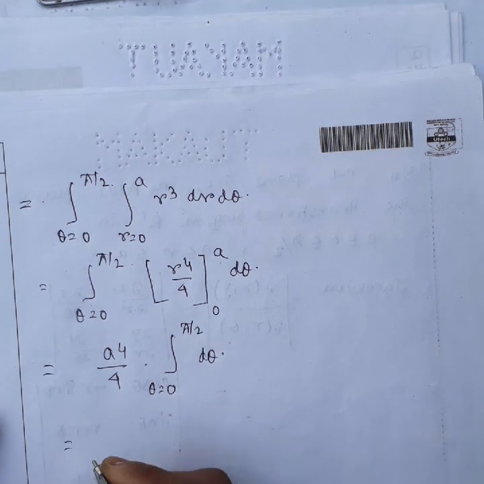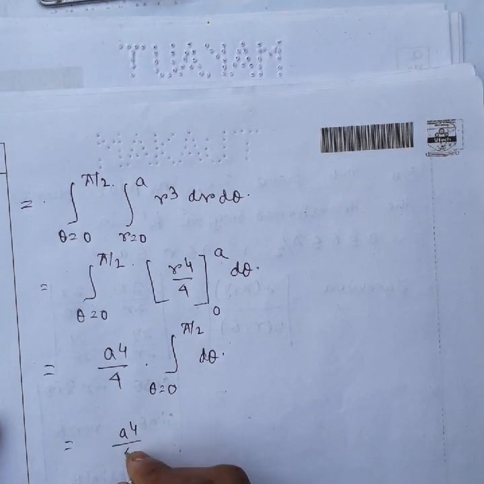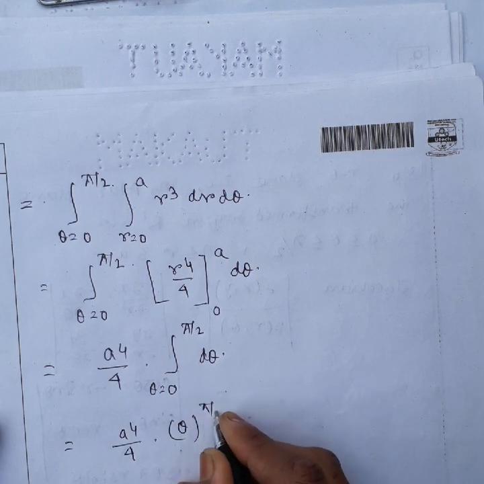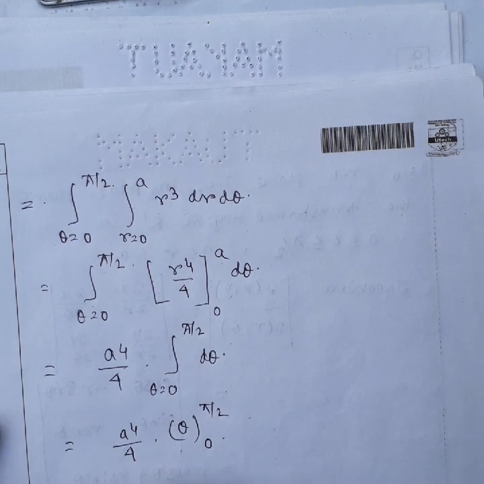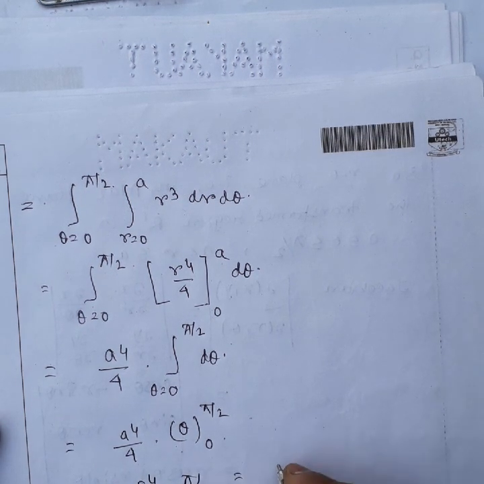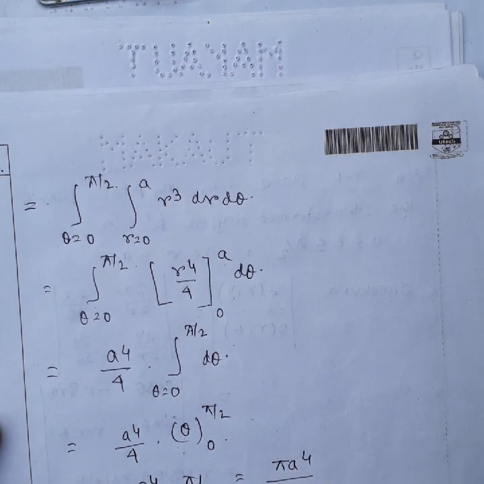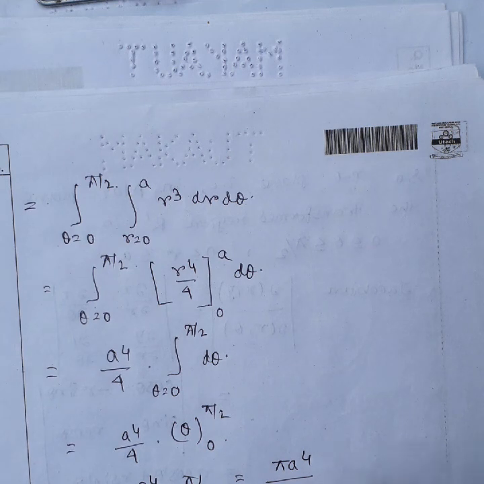That means a to the power 4 by 4, theta from 0 to pi by 2, which is a to the power 4 by 4 into pi by 2, that means pi a to the power 4 by 8. So this is our answer. Okay, so in our next class we will discuss the application of double integral.